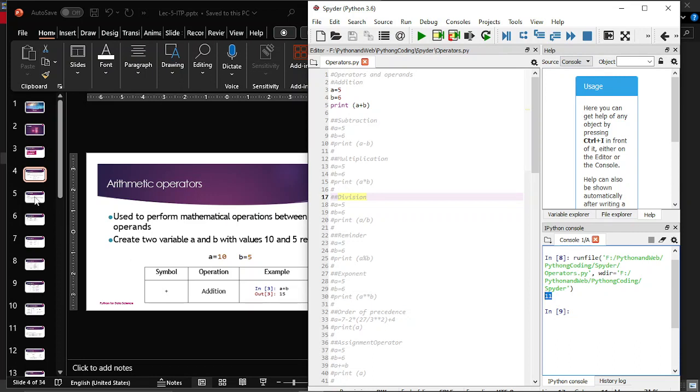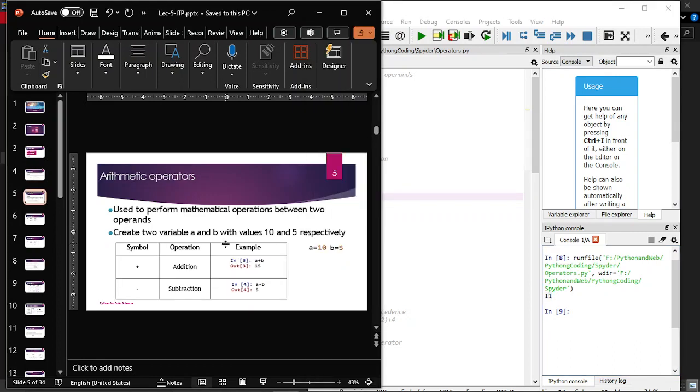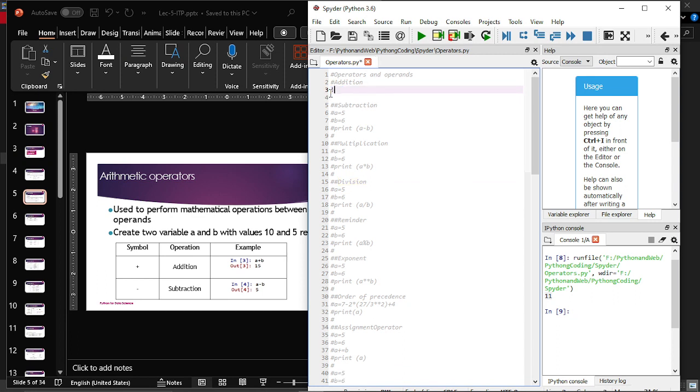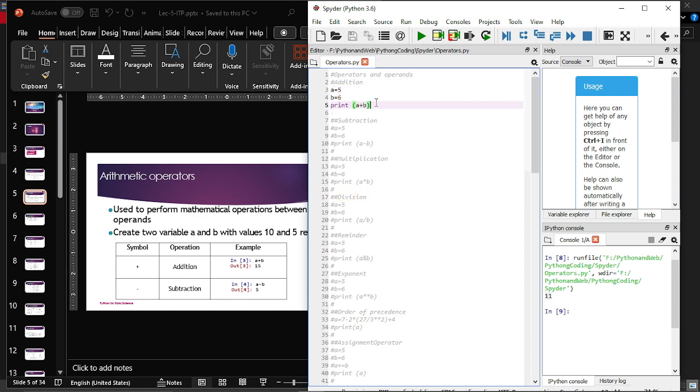Please remember this. Now the next one in the list of arithmetic operators is subtraction. For the subtraction, I will be commenting the recently concluded arithmetic operation, and then I am going to uncomment the subtraction.